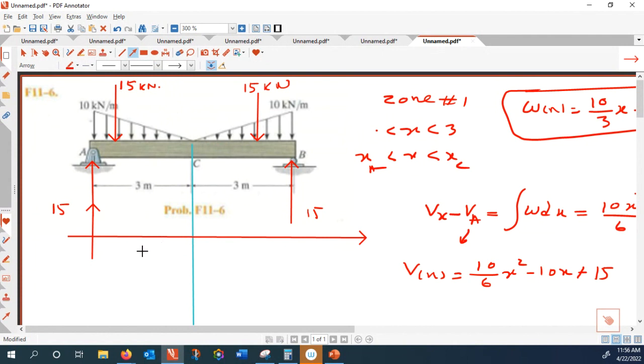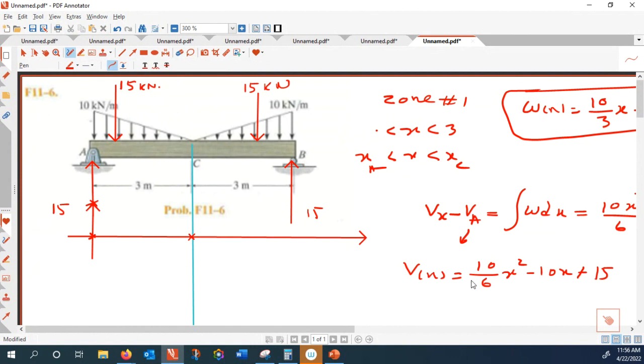That means there must be a minimum or maximum in between, right? So this is a quadratic curve. We want to plot it. So we do have one point here. The second point is here. No, sorry, the first point is here. The second point is here. But what happens between here and there? There should be a maximum.